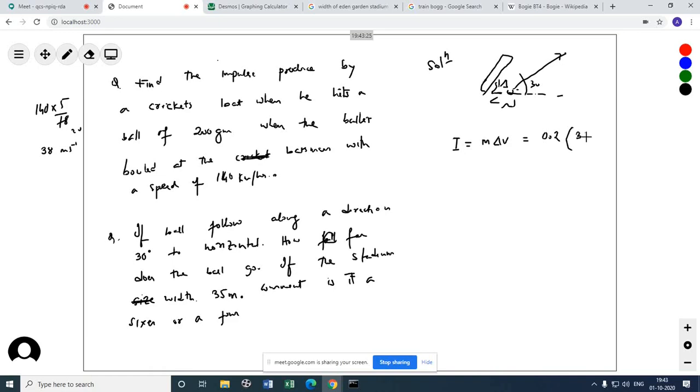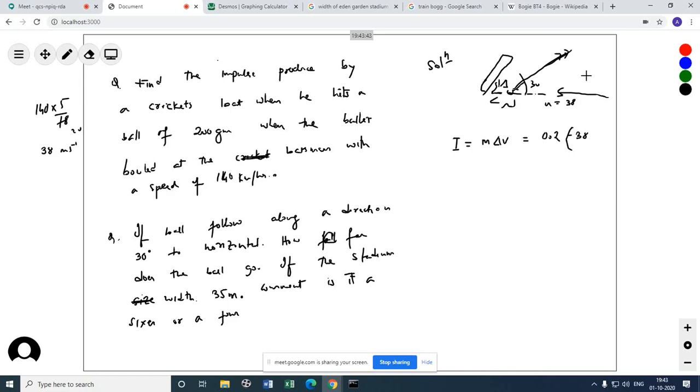Now you see how to take it. The ball is coming this way at 38 meter per second. This is the initial velocity. After getting hit, it is going this side.